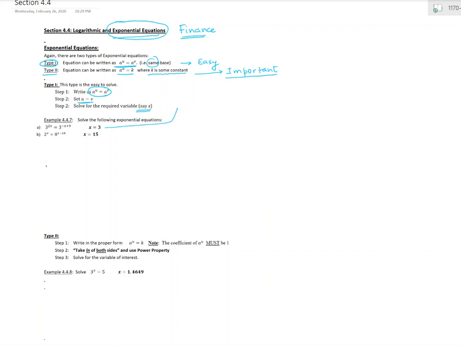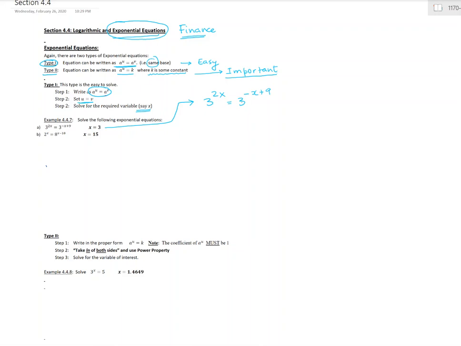So let's look at the very first one. So this says 3 raised to the power 2x is equal to 3 raised to the power negative x plus 9. Now clearly this is type 1 because on both sides you have exponents.